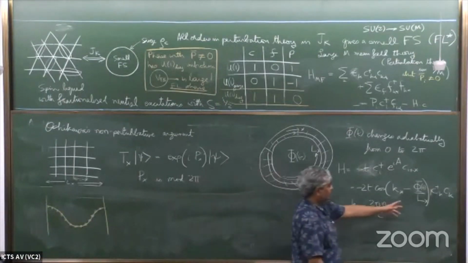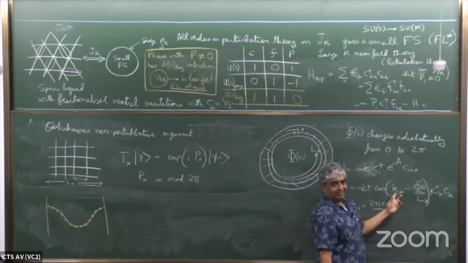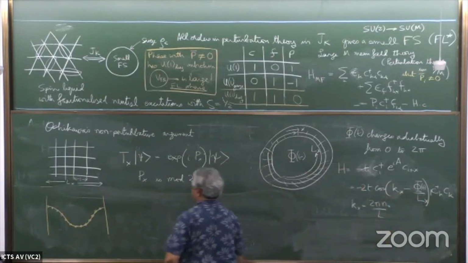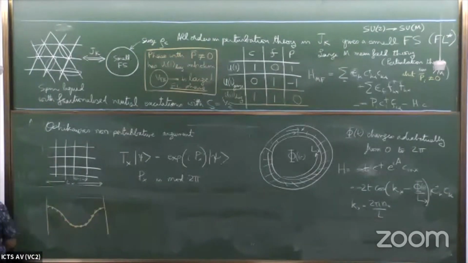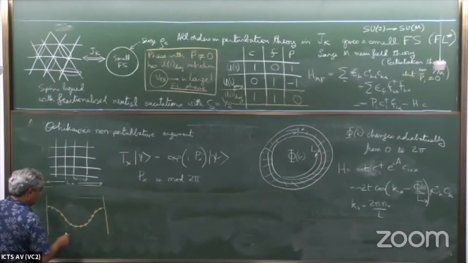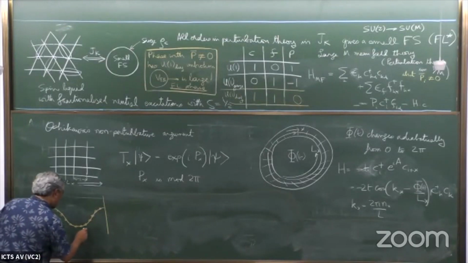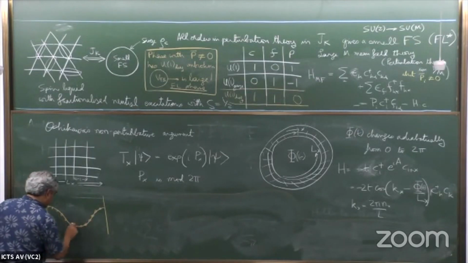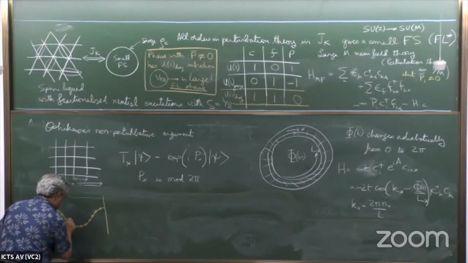One is that as you change phi, nothing changes. The value of k remains the same, but this phi just shifts the states by 2 pi. So you get another set of states where this is shifted by 2 pi. So the minimum will be at 2 pi. I'm going to exaggerate the shift here. Probably I shouldn't have put so many points.